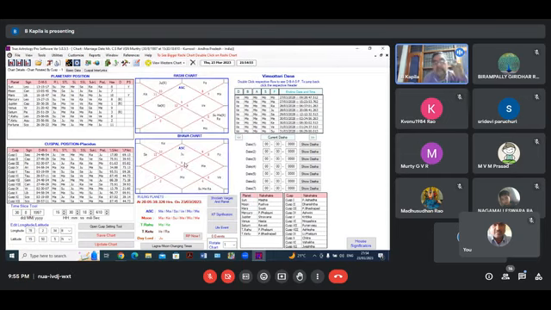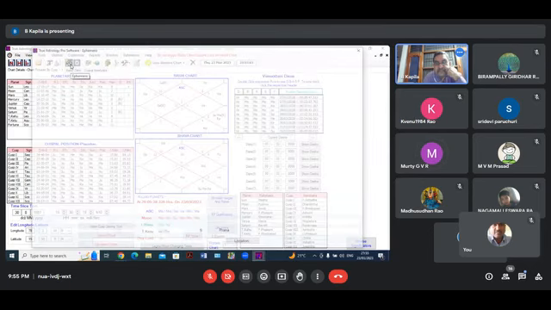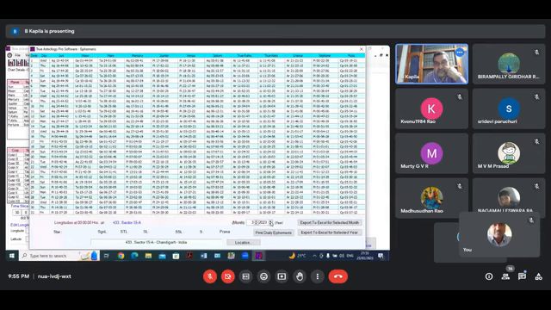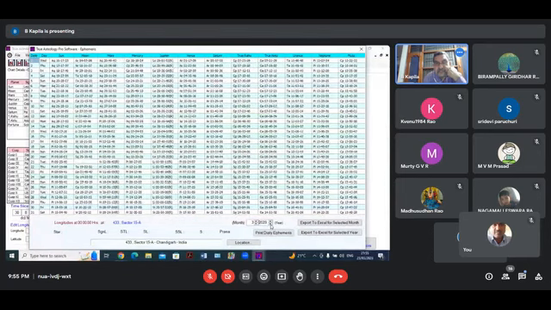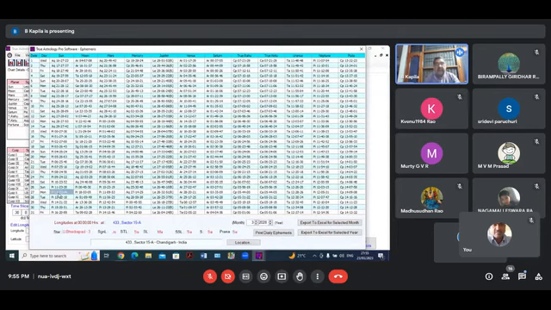Now the question is how to know. So what is the time period we have with us? It is 27/3/2028. So what I will do here is I will check the transit. So the date was 27/3/2028.